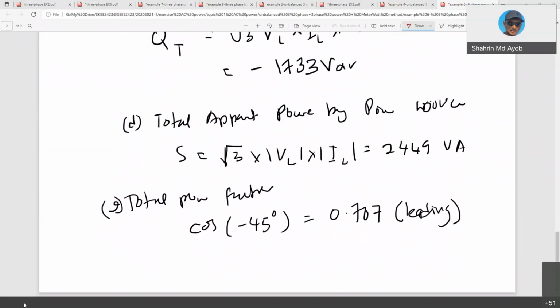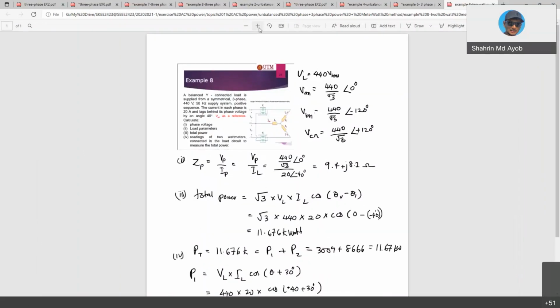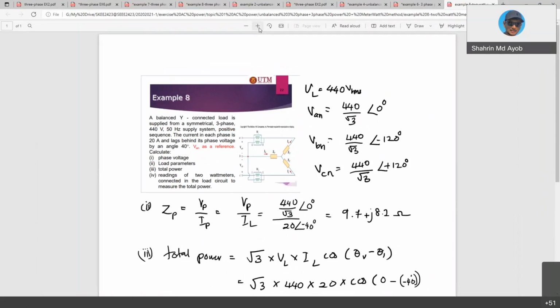Okay, next we go to the two-wattmeter method. The discussion on why we can use only two wattmeters to read the three-phase power is quite long. Usually for three-phase you need a wattmeter for every phase and then you just sum up.